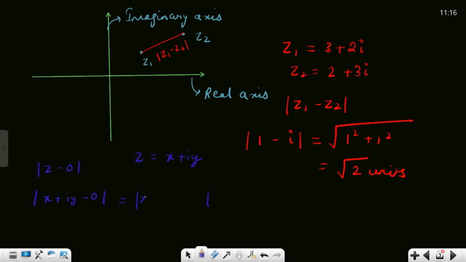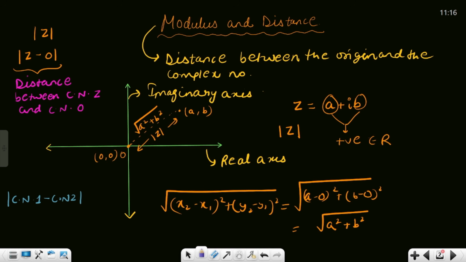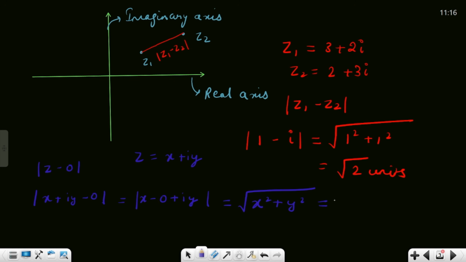I can write this as modulus of x minus 0 plus iota y, real part on one side and imaginary part on the other. And we know that this is under root x square plus y square, which is nothing but the modulus of z.